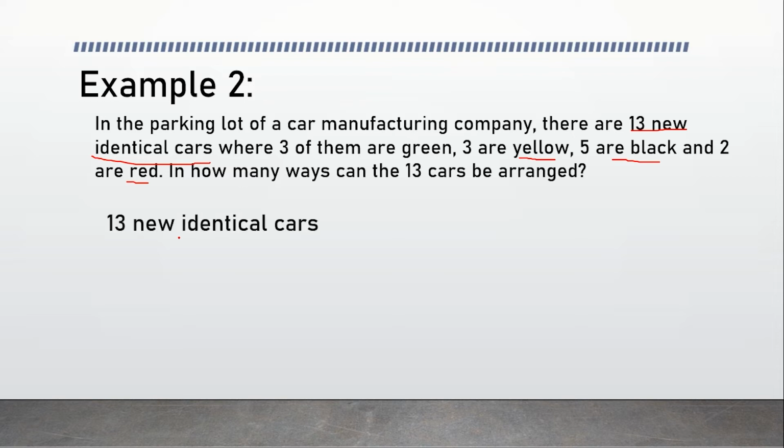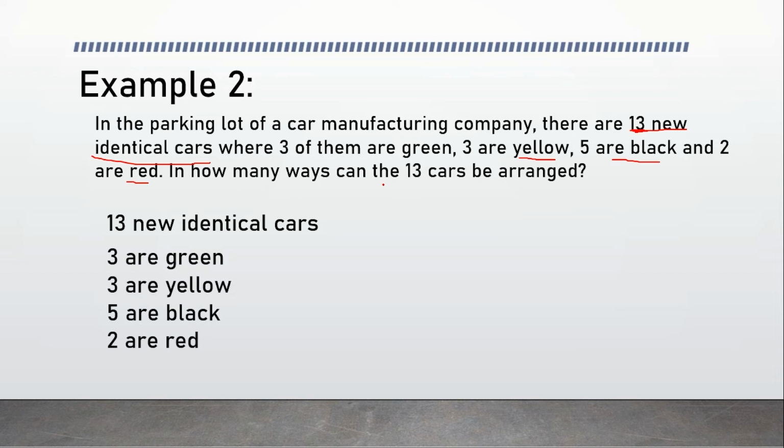The value of n here should be 13 since this is the total number of cars. And we will identify the identical objects, which are 3 green, 3 yellow, 5 black, and 2 red. By using our formula, we will substitute the values of n and n sub 1, n sub 2, up to n sub k.